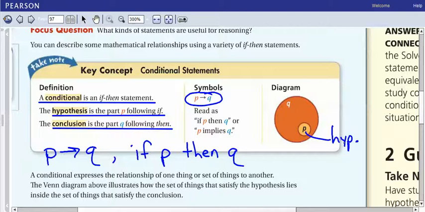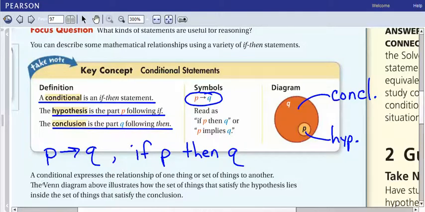And this area represents your conclusion. Read this right here.